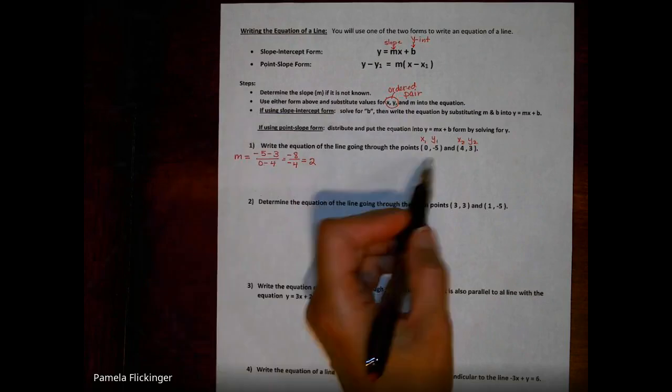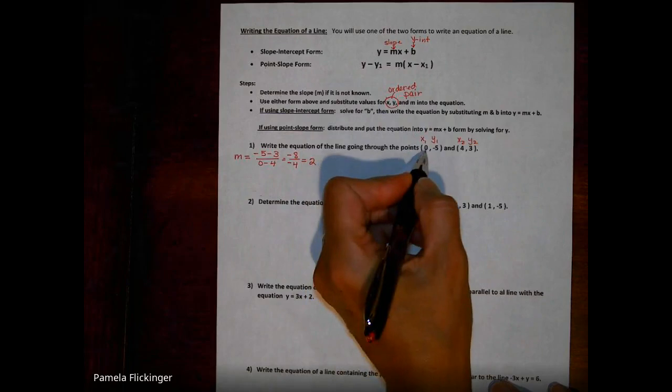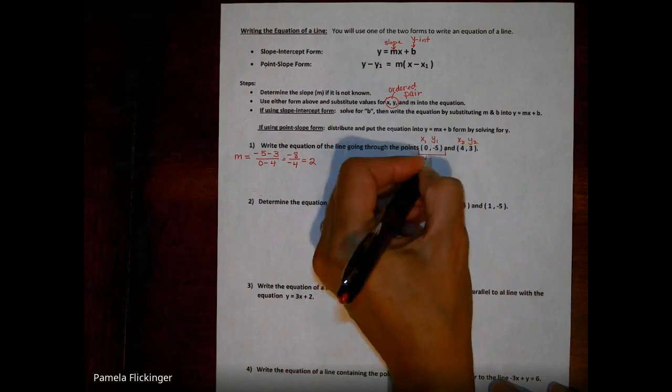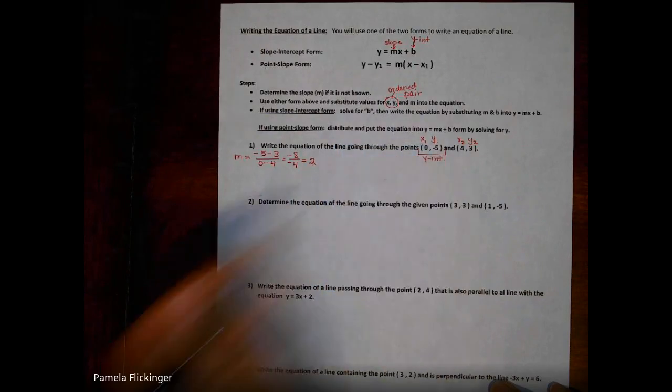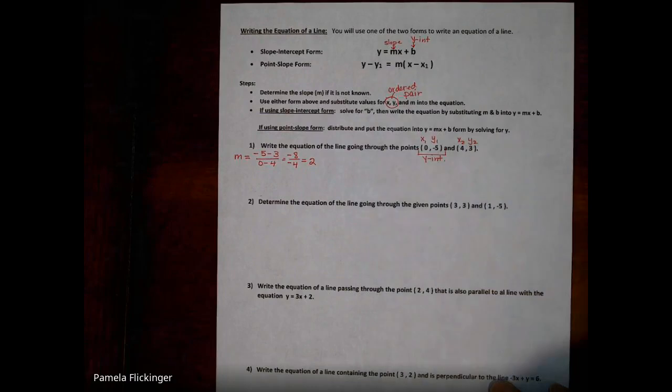Now I get a choice. I can pick either one of these ordered pairs. Now for this one, I'm going to do a little cheat, because something I notice, and I want you to notice, is that 0, -5, this right here is a y-intercept. All right, think about it. 0, -5 is going to lie right on the y-axis.